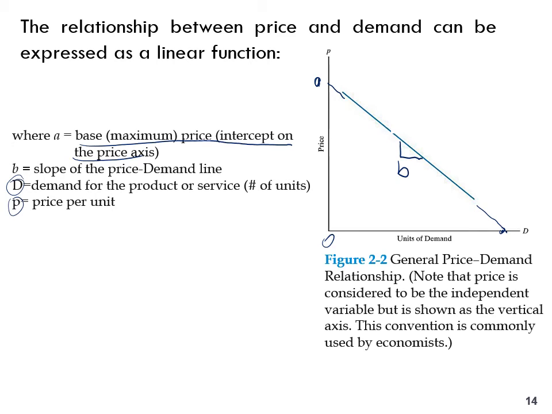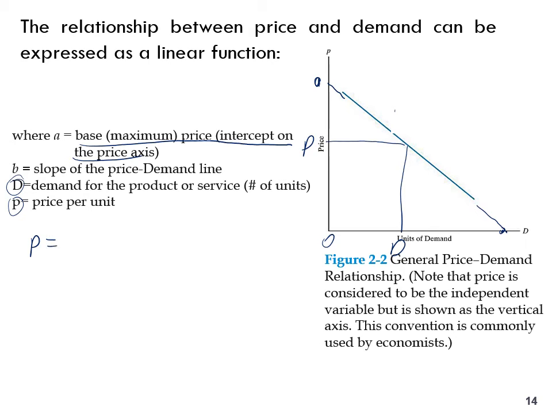So what is the equation of this line? How can we represent this line? Let's say this side is P and this side is D. How can we write P in terms of D?